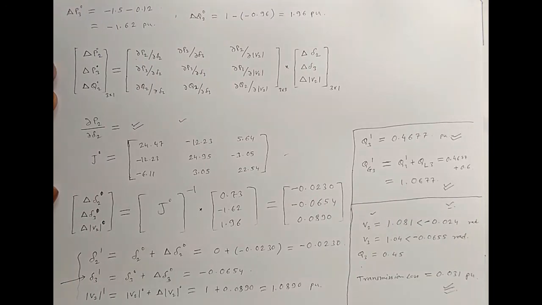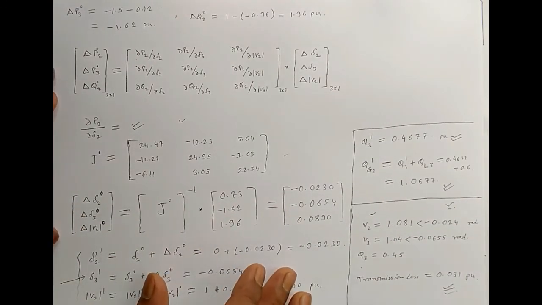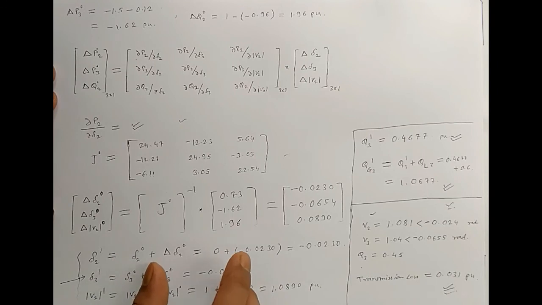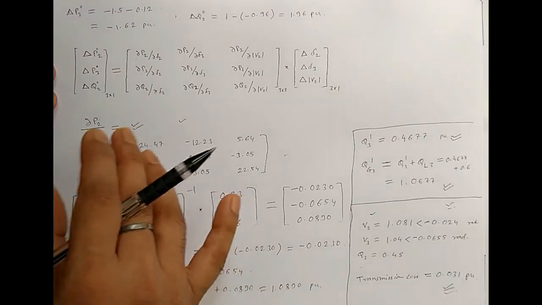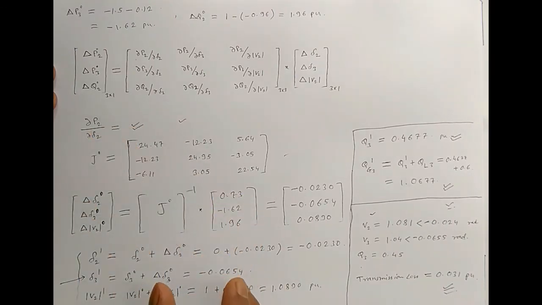In this way the questions will be in the exam. We have discussed this problem because if you want to apply the Newton-Raphson method with the help of MATLAB, then you have to know how these steps are to be performed.